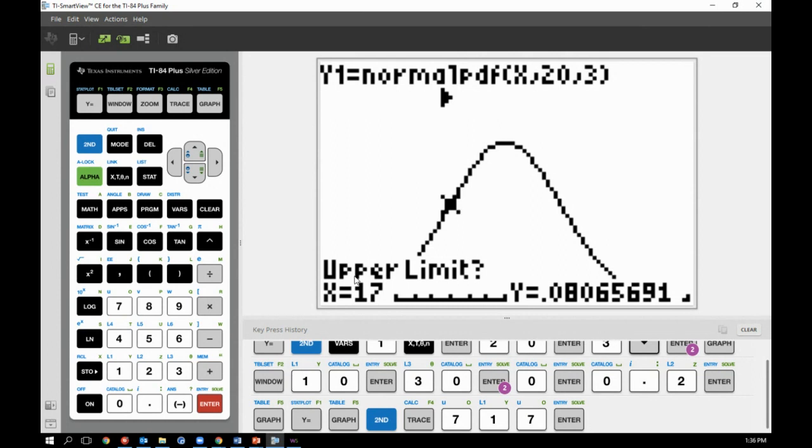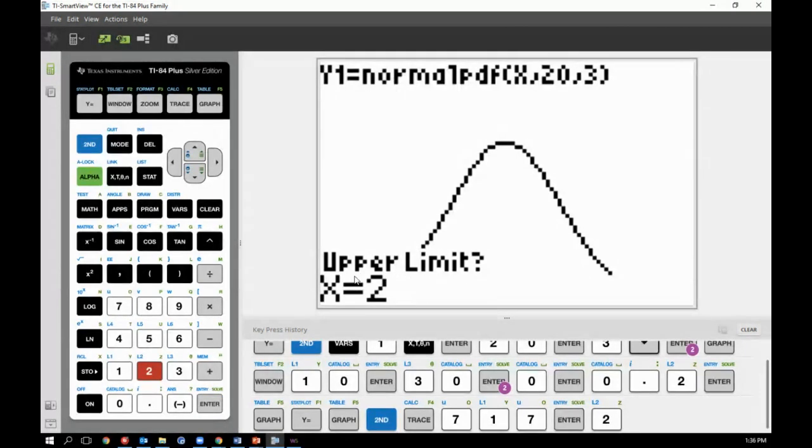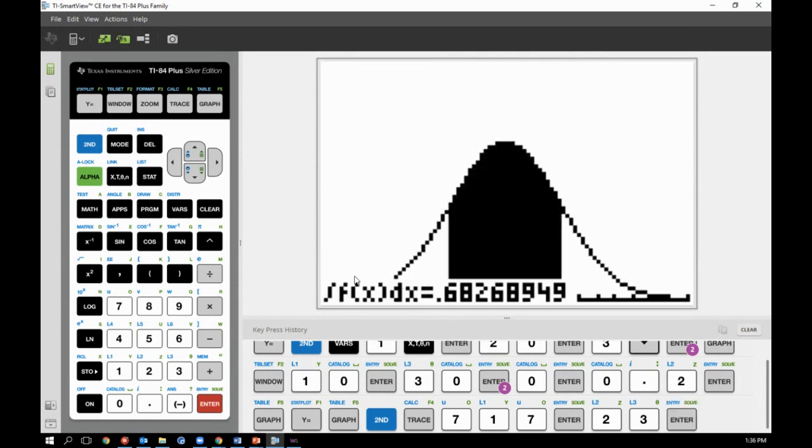And then it asks you, okay, what's your upper limit? And the paper says we need to do 23. So let's type 23. Then hit enter.